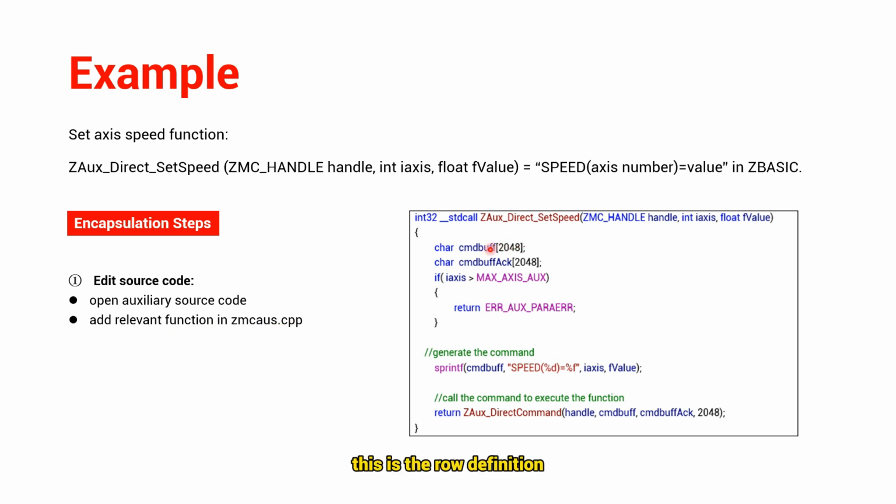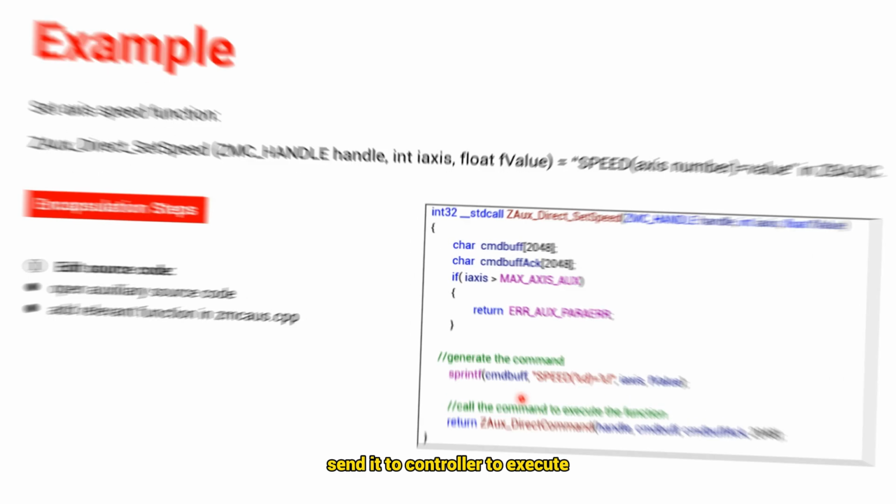This is the role definition. The maximal axis number: if the parameter is bigger than the max number, an error will be returned. Then, generate the speed command character string. Send it to the controller to execute.